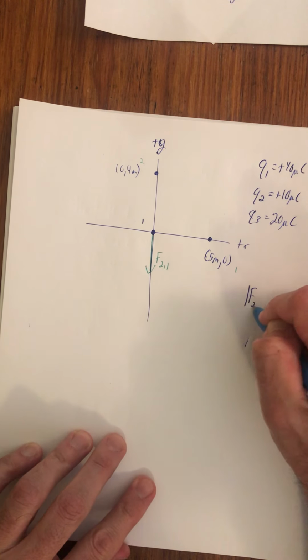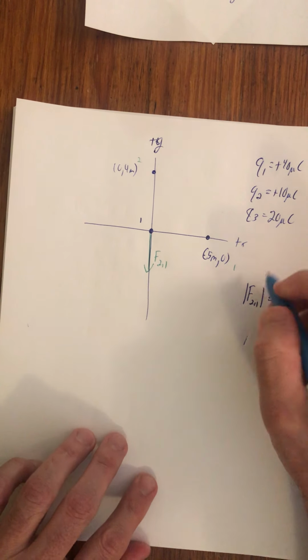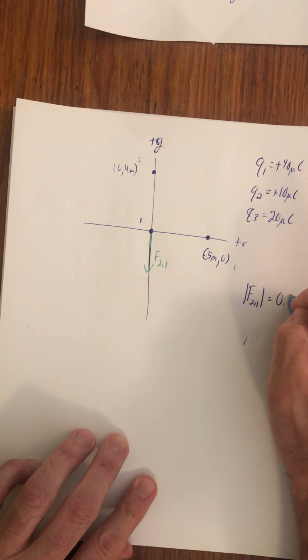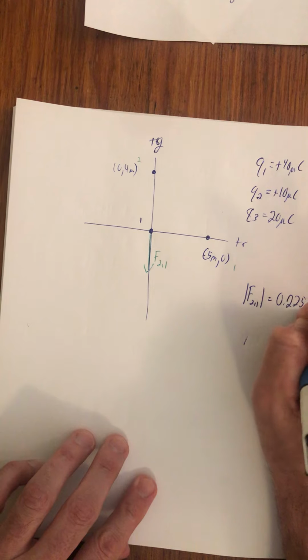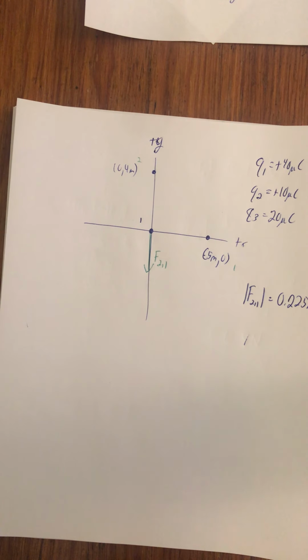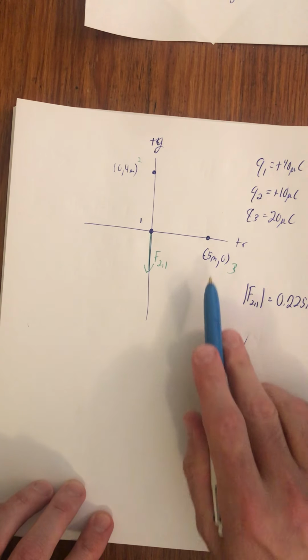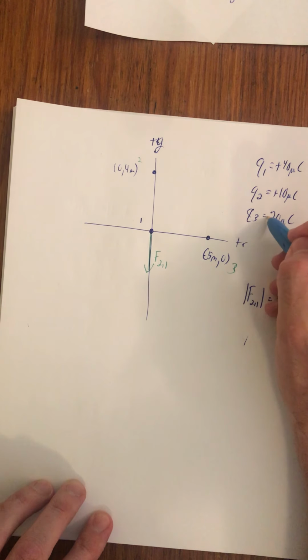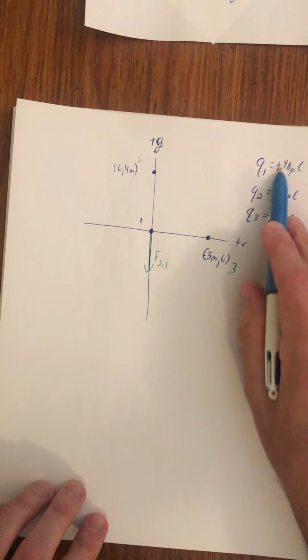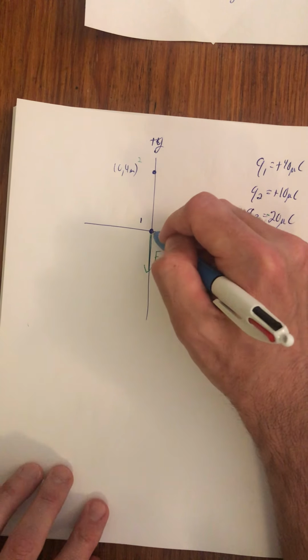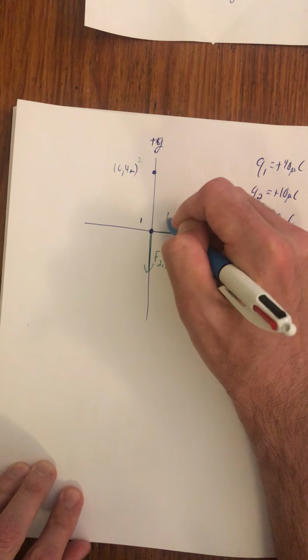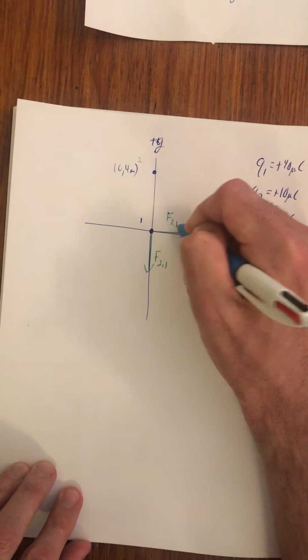So the force of 2 on 1 is equal to the magnitude of it, 0.225 newtons. Now, the force of 3 on 1, we know that 3 is negative, 1 is positive, so it's attractive. So that means that it gets pulled in this direction, force of 3 on 1.